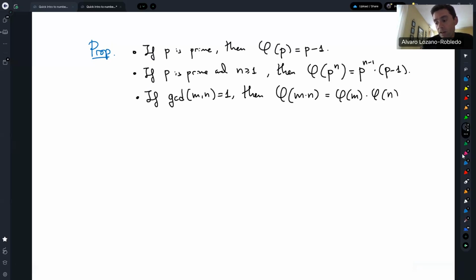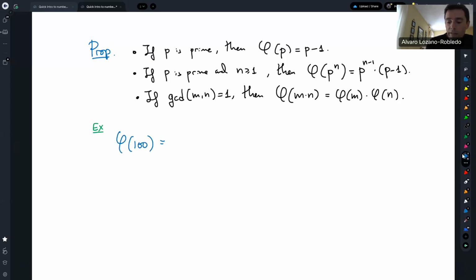We say that phi is a multiplicative function. I'm not going to prove these, but you can use them to find the value of phi of 100.